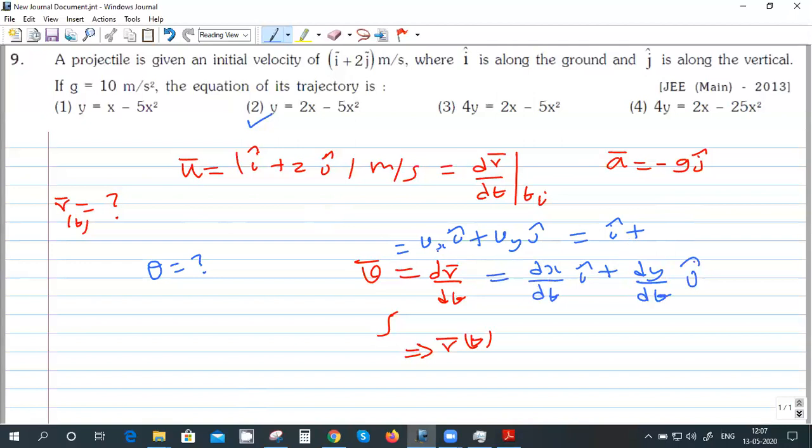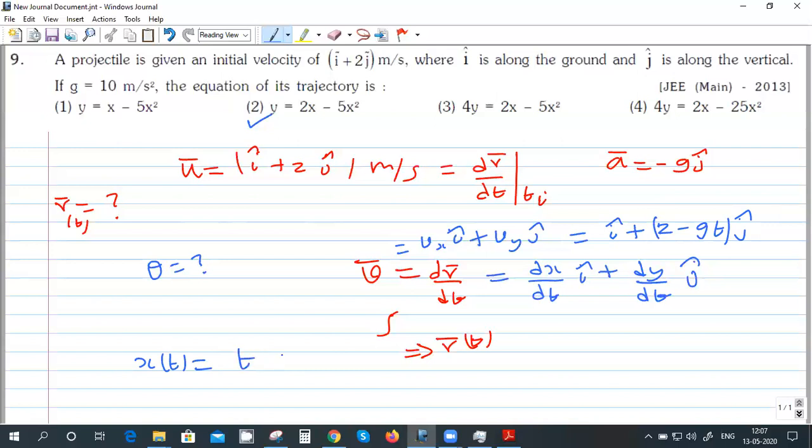v is Vx i cap plus Vy j cap, and Vx is same as Ux into the i cap, and Vy is Uy minus gt. Uy is 2 minus g into t. This will be at any particular time. So from that I'll get x of t as dx by dt is 1, no?